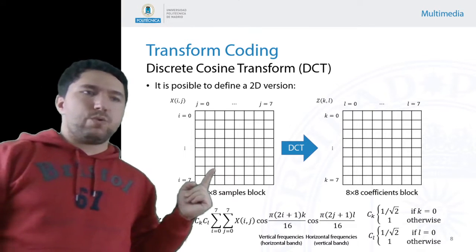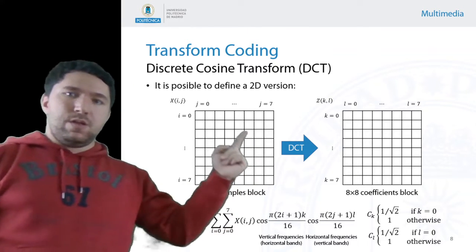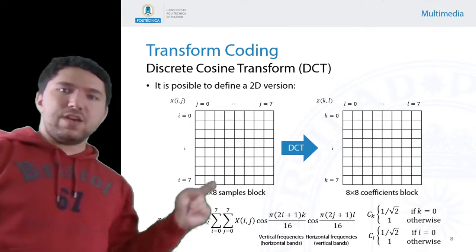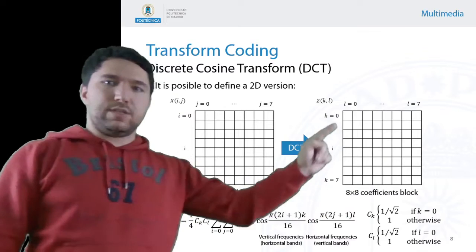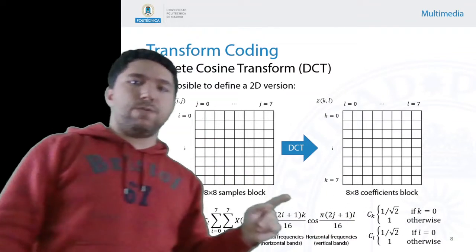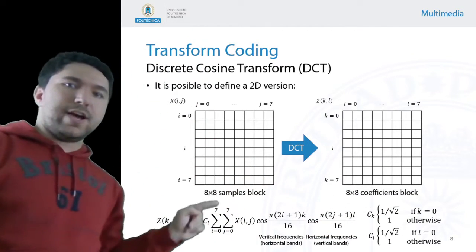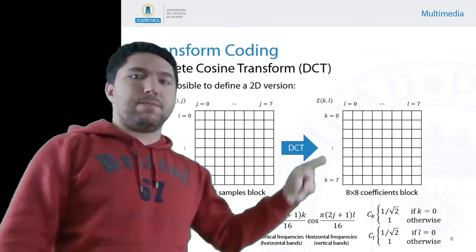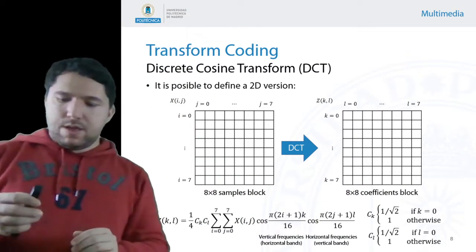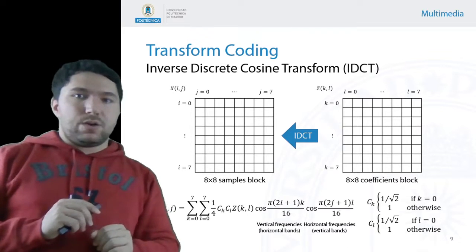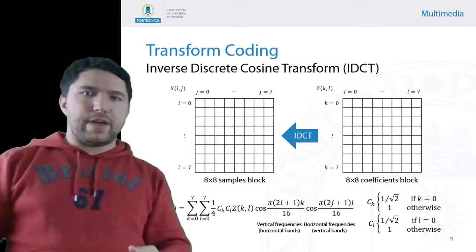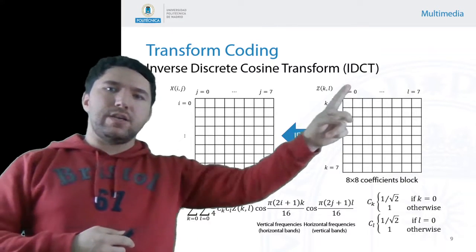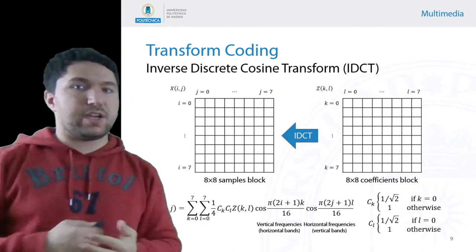We will be able to transform the space into frequencies. We will move from an 8 by 8 matrix to another 8 by 8 matrix, on which we can then apply an inverse transform, IDCT, inverse discrete cosine transform.